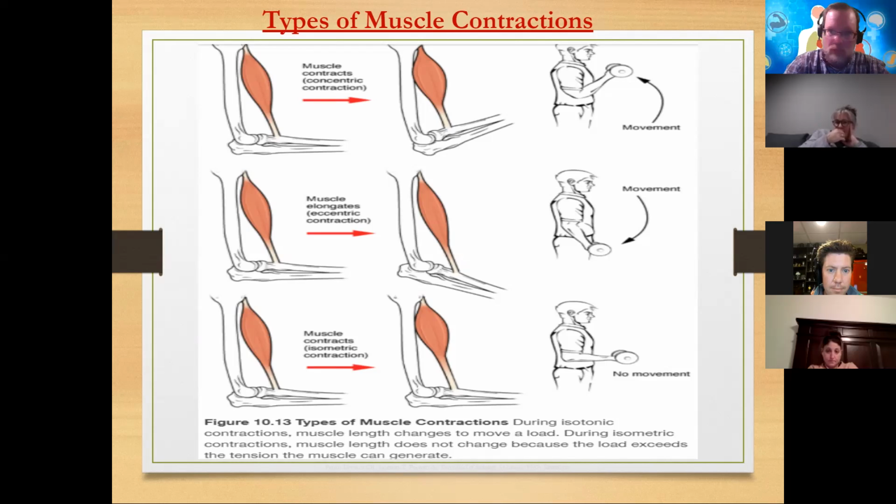So as he's moving the dumbbell back down, we're going to see, again, some muscle contraction, but this time the contraction is in the back of the arm, and the elongation or stretching is occurring with the bicep. Now, that's called eccentric, which is fine.